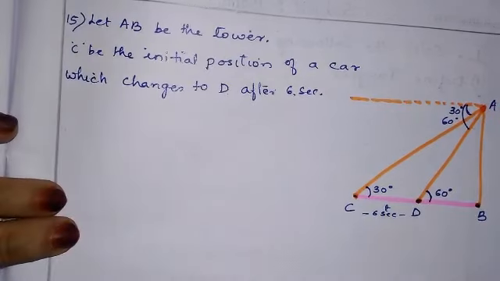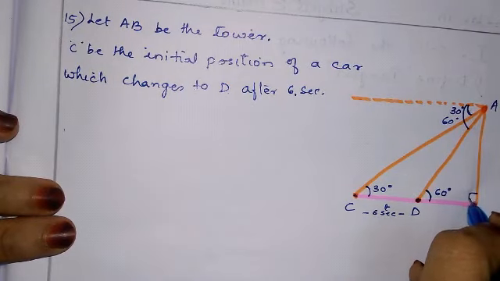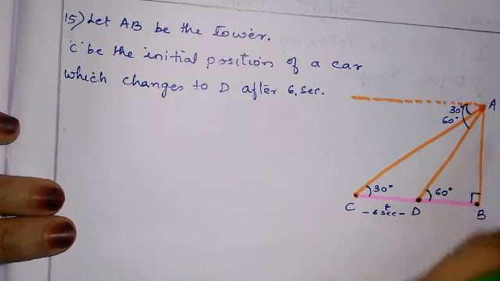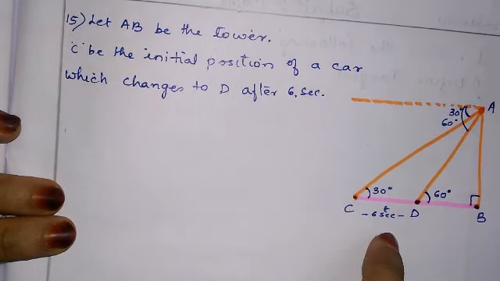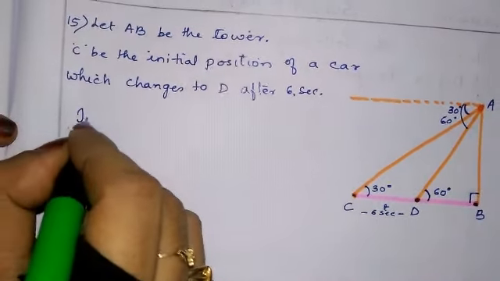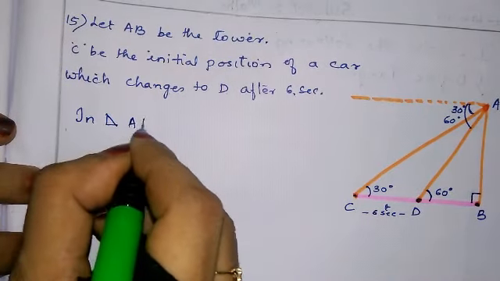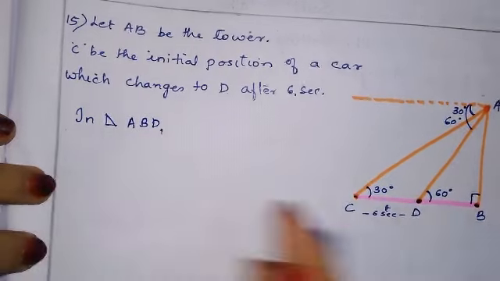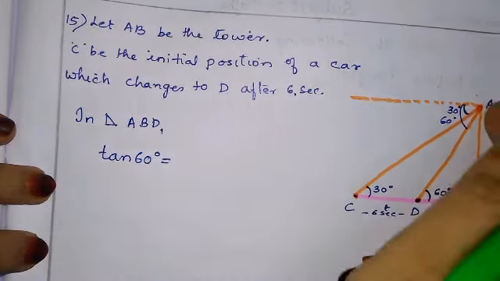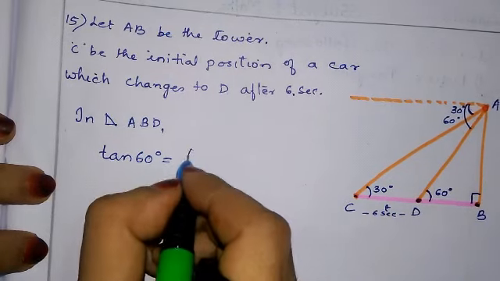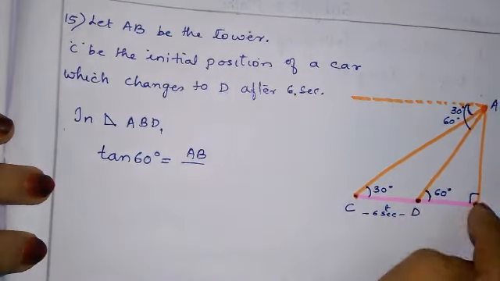Let us start finding now. First we should focus on right angle triangles. How many right angle triangles do we have here? ABD, ABC. Let us take first ABD. In triangle ABD, tan 60 degrees is equal to opposite, AB, by BD.